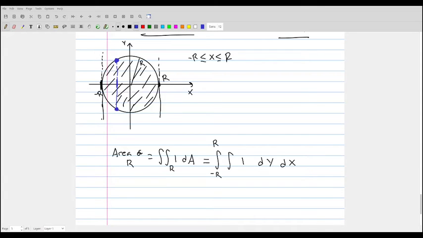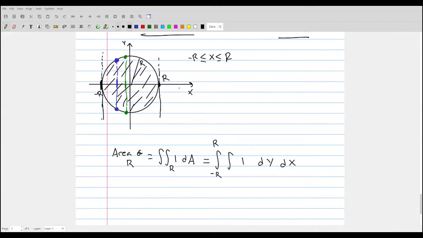And this changes depending on what point you look at. If we look at this point right here, it's going to have a different lower bound and a different upper bound than this point right here. So we have to include that in the bounds of integration for y.